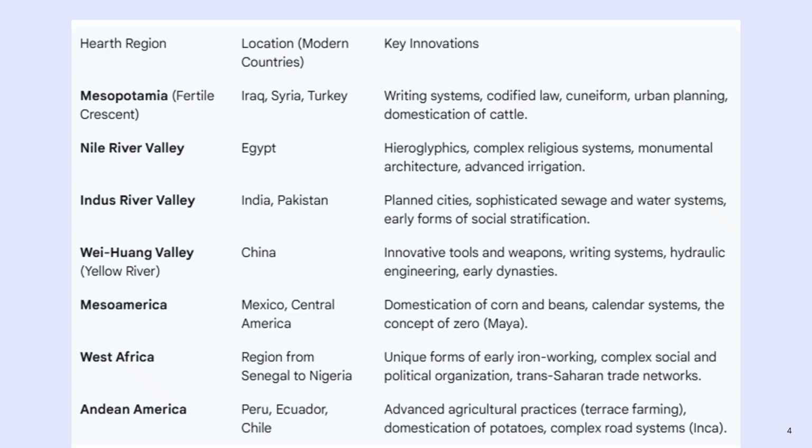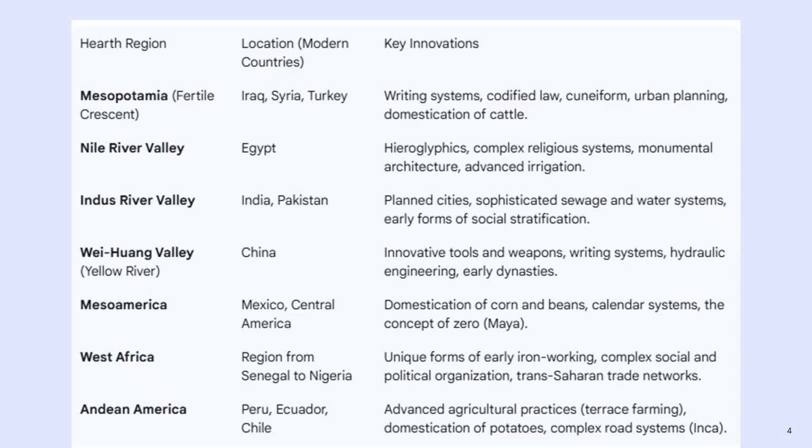On your screen, you see a list of some of the cultural hearths around the globe. These are places where we can trace back a particular form of culture or a particular starting point for a culture that has since spread more broadly or even globally. So take a look. You have Mesopotamia, which we talked about in our globalization section in this course.